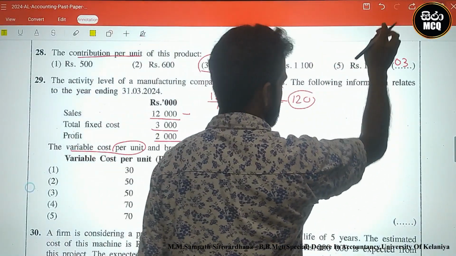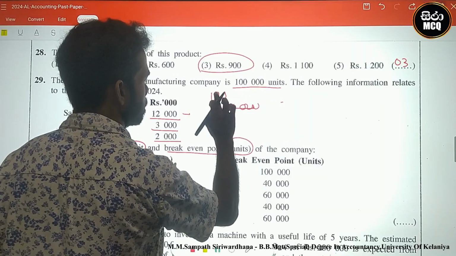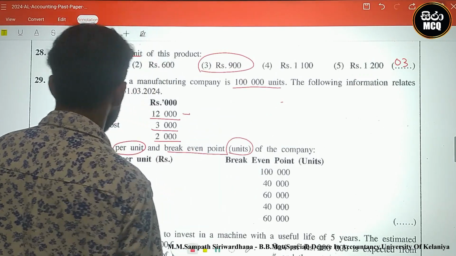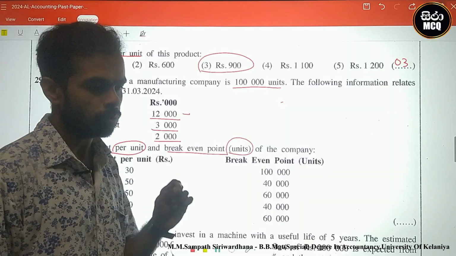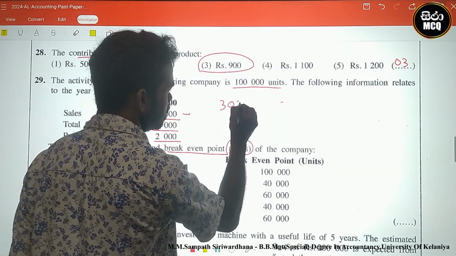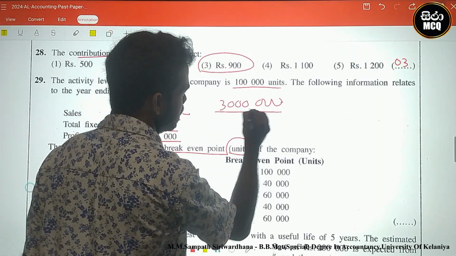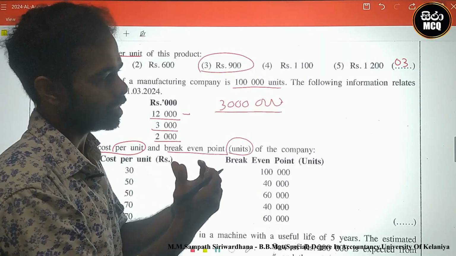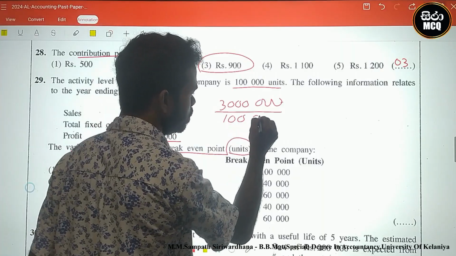Look here, there is a total fixed cost. We want the unit fixed cost. 3,000 means 3 million, so add other zeros, 3,000,000. I divide this total fixed cost, related to 100,000 units, by 100,000 units.